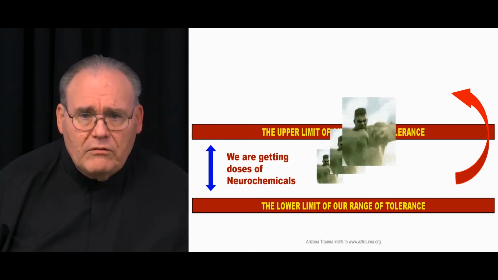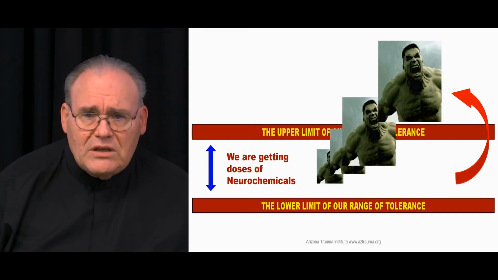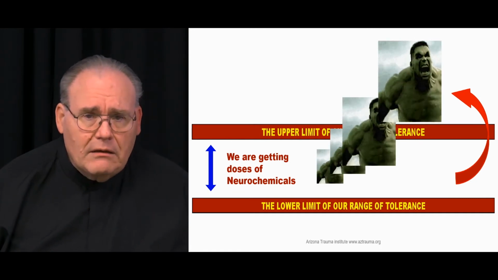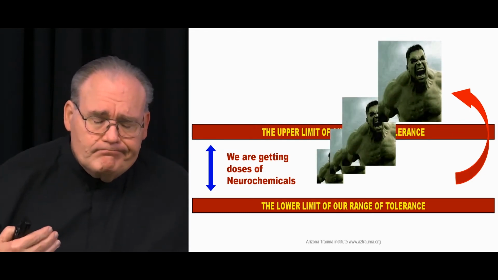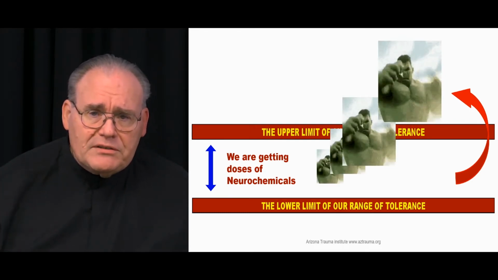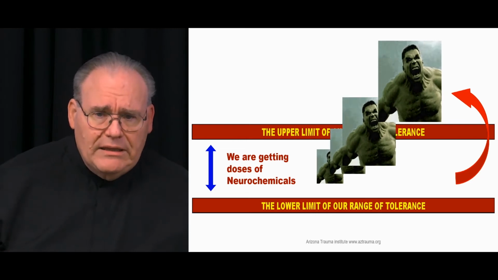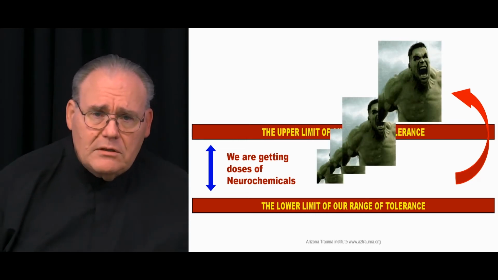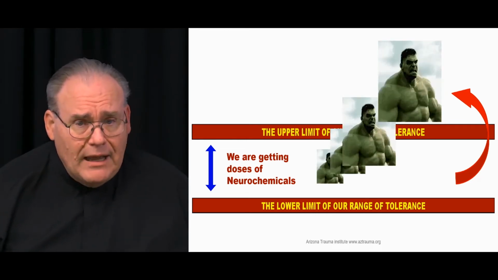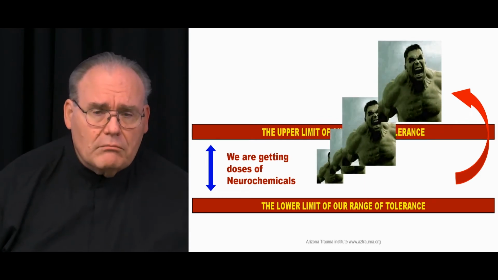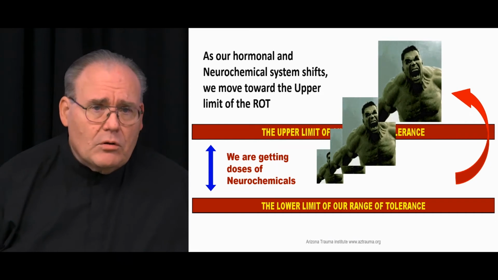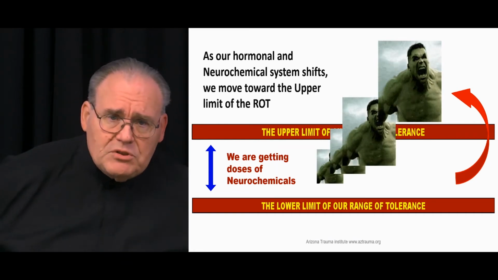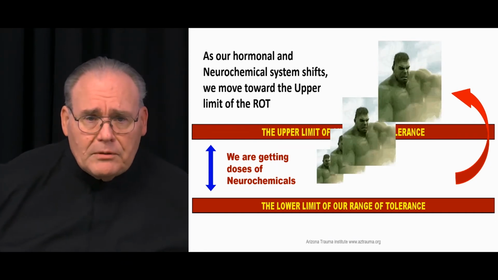And as we move up above that range of tolerance, we're going to be in full-blown disarray, and we're going to engage in some behaviors that are absolutely biologically correct, but they have tremendous social consequences.